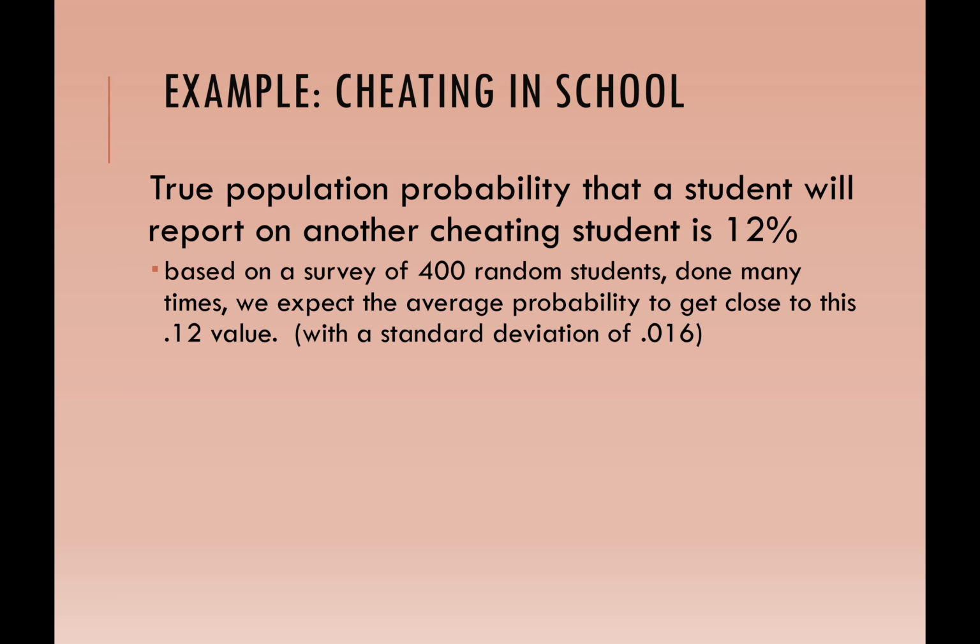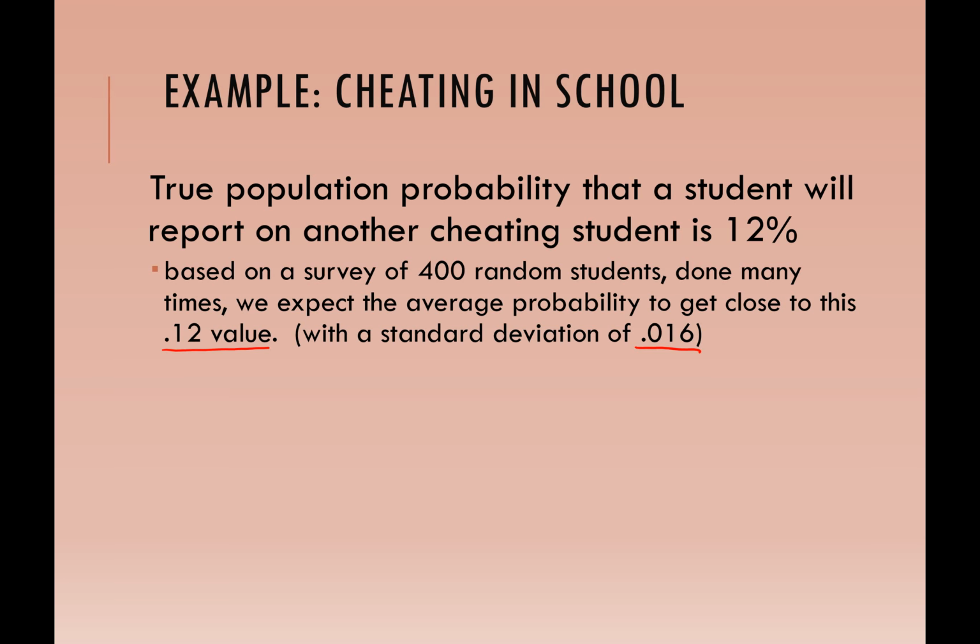So our last example in this section is using the normal curve. So let's say the probability a student will report another student cheating is 0.12. So this is based on a random survey of 400 people, and the average probability we got was 0.12 with a standard deviation of 0.016.